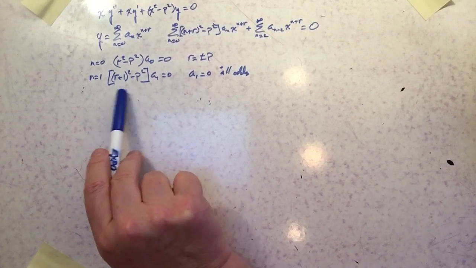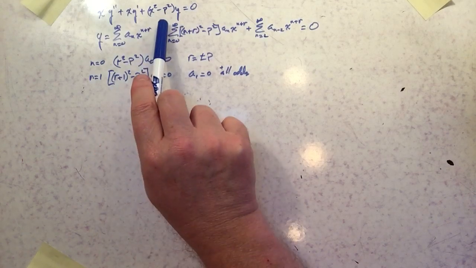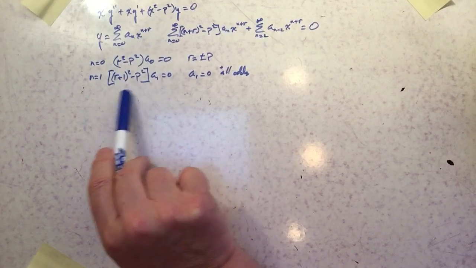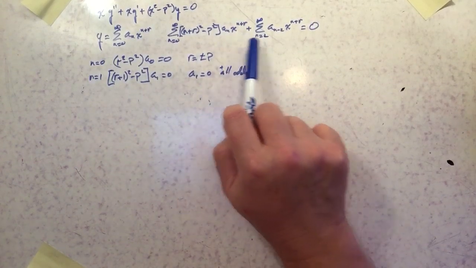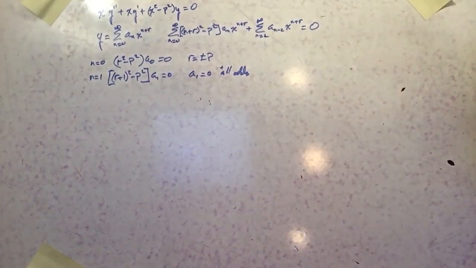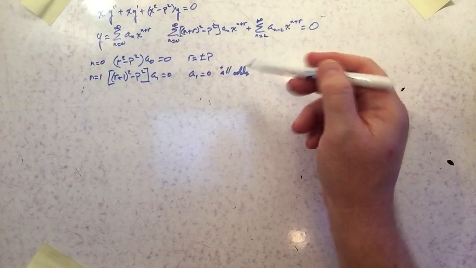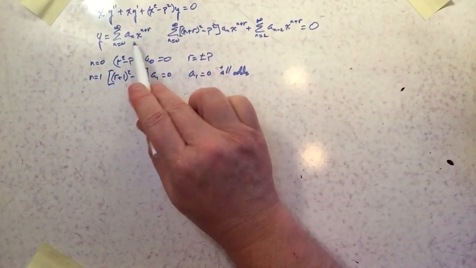These will have specific solutions for p that make it 0, but we want p to be a general value that can really take on any value. That means if this can't be 0, a1 has to be 0. And if a1's 0, this recursive relationship skips orders, which means all odds are 0. So now we can focus on just the even powers and generate what the relationship is between these future terms. That's going to give us the solution.